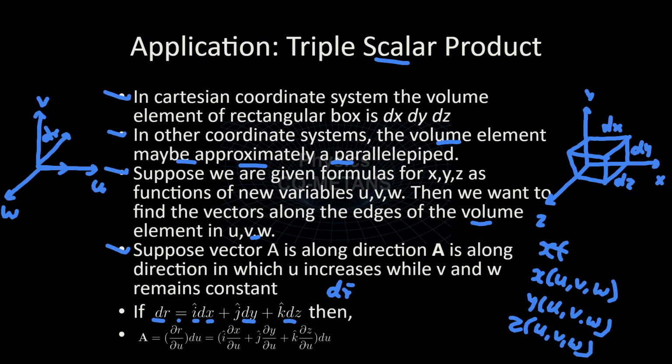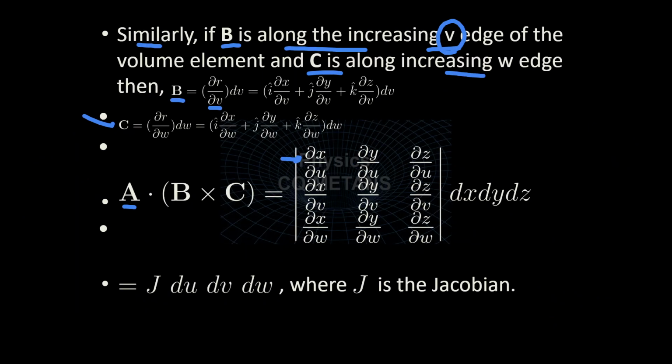Here ax is dx by du, ay is dy by du, and az is dz by du, and that's what we have written. Similarly, this represents the B vector, and this represents the components of the C vector. Sorry, this should be du, dv, and dw.